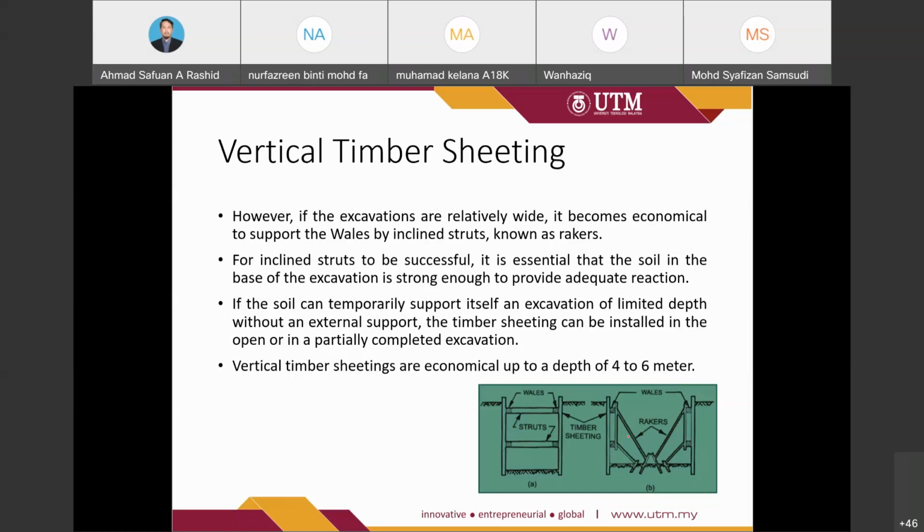Vertical timber sheeting is economical up to a depth of 4 to 6 meter. So that is the limitation of the timber sheeting method.